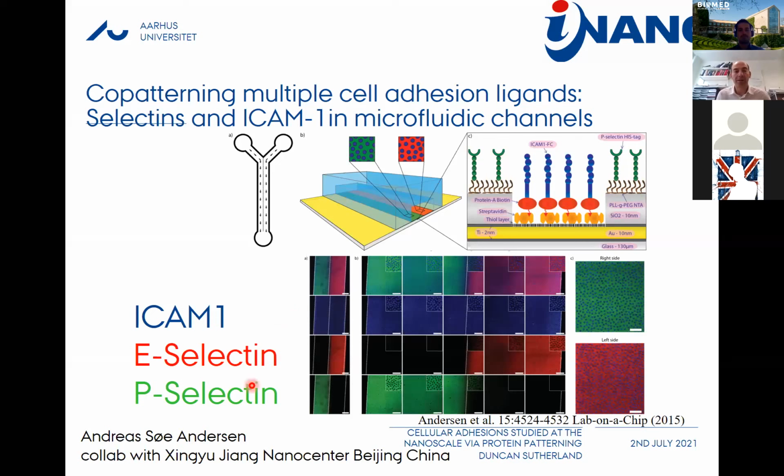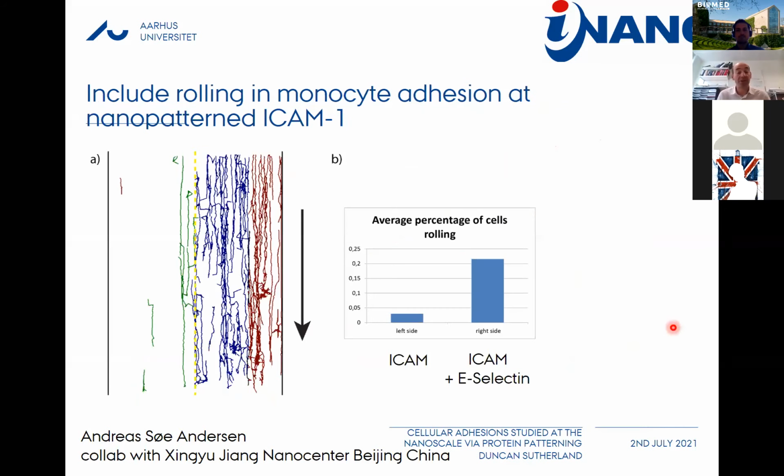Using this system with his tags, we were able to pattern either side of a fluidic channel and then have this 2-way patterning going on. And then just to show that it matters, this is where we have made movies of monocytes in the microfluidic channels.